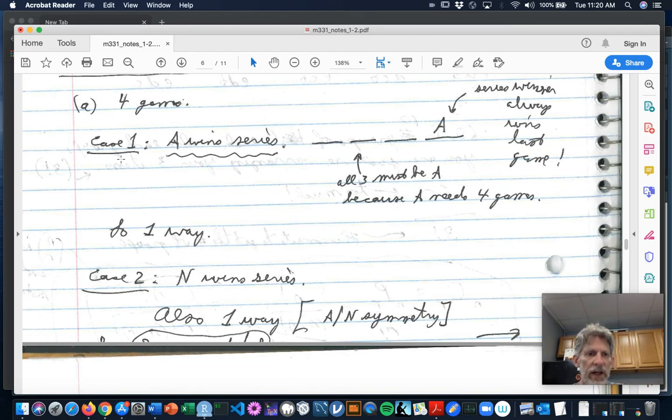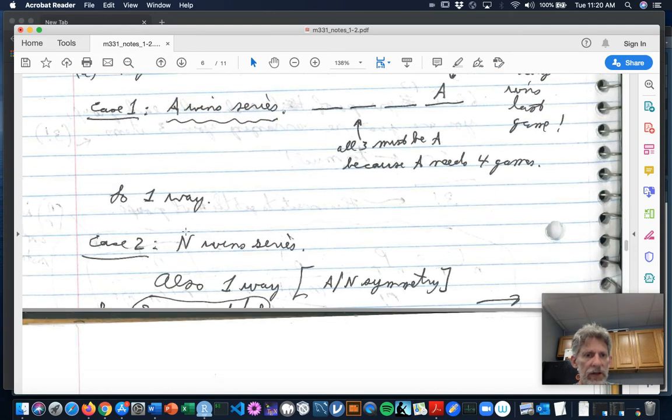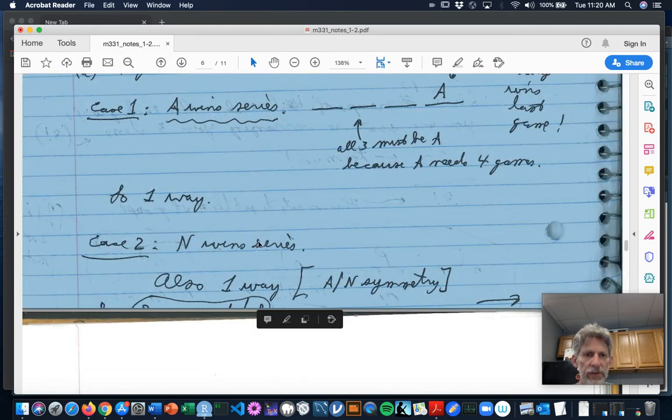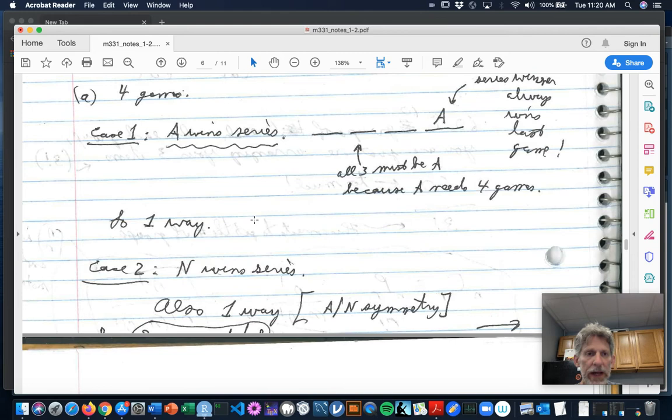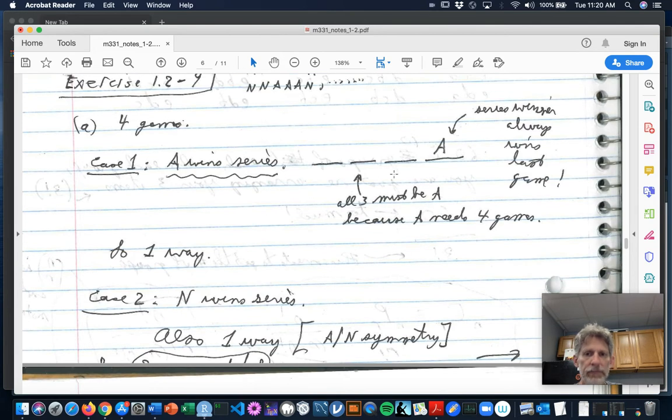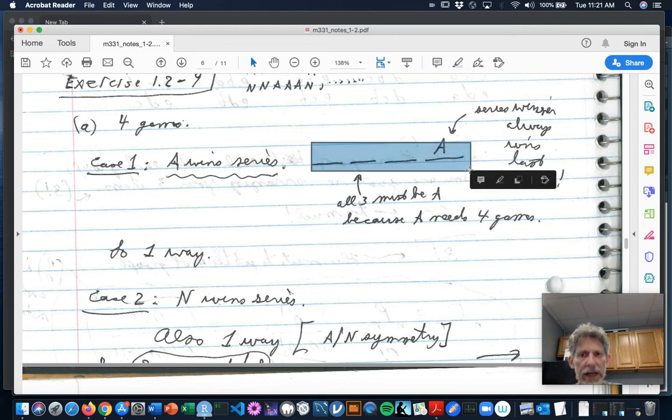One case is that the American League wins the series. The other case is that the National League wins the series. And what we'll do is figure out how many ways in each case and add them together, and that'll be our answer for part A. So in the case where A wins the series, let's write down these lines that represent the tasks of figuring out who won each game.